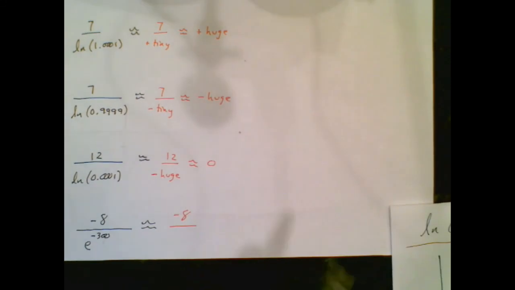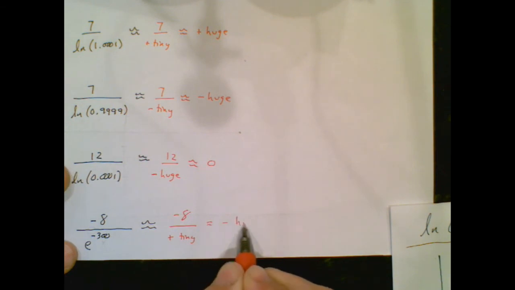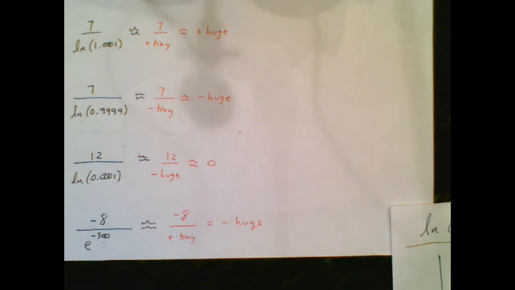So I would call this a positive tiny value, which makes this become a negative huge number. Kind of like we're approaching negative infinity. Think of it like negative 8 divided by a positive 0.00004. That gives me a huge number, and it's negative.